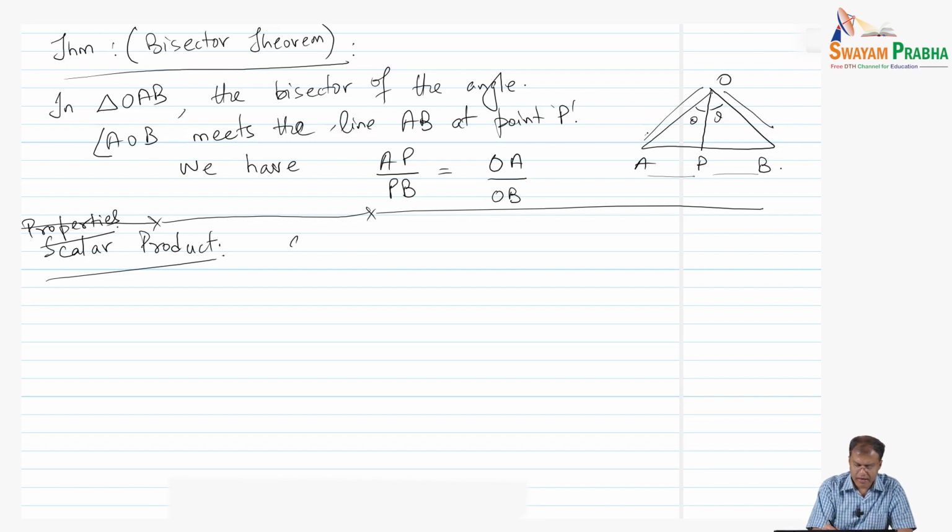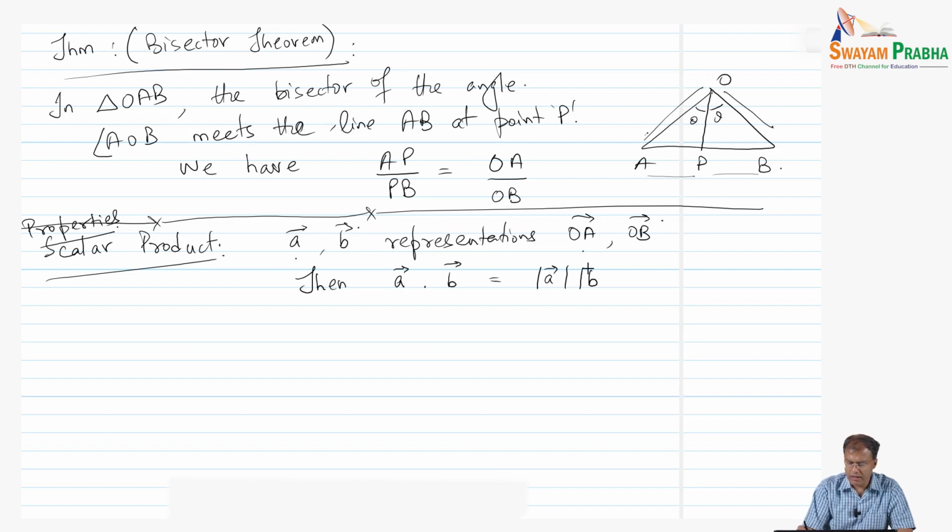So suppose I have A and B, which have representations OA and OB. Then A dot B is the magnitude of A times the magnitude of B times cos theta.